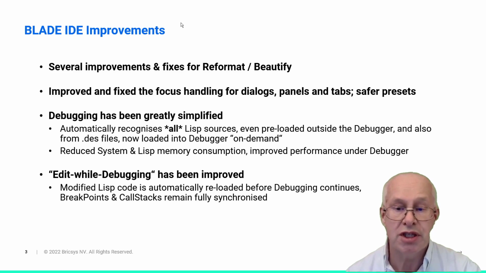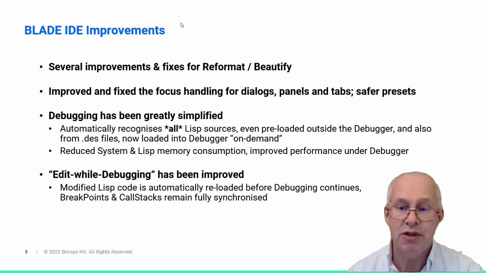To support efficient development work, Blade now fully supports the edit while debug workflow to allow code fixing under debugger with automatic and intelligent LISP code reloading while preserving global LISP data. In our opinion, these debugging-related improvements are a major step ahead.